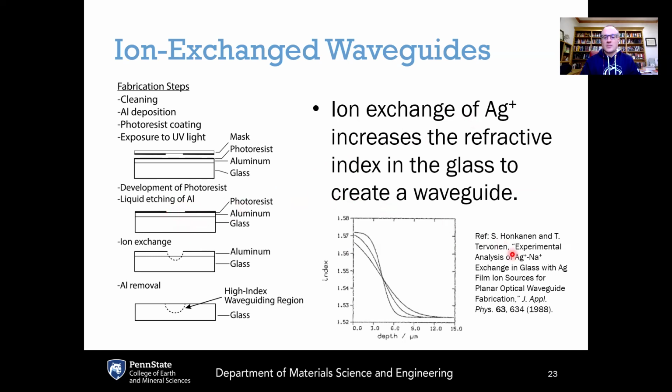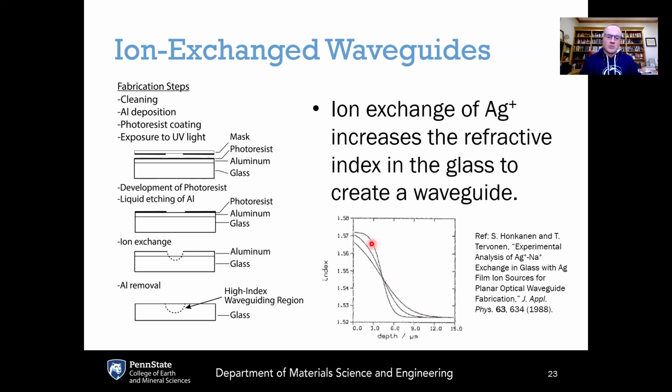And with the silver to sodium ion exchange process, silver actually imparts a higher refractive index compared to sodium. And so where the silver penetrates into the glass, that localized region has a higher refractive index compared to the refractive index of the sodium-containing glass where the silver ion exchange has not occurred.